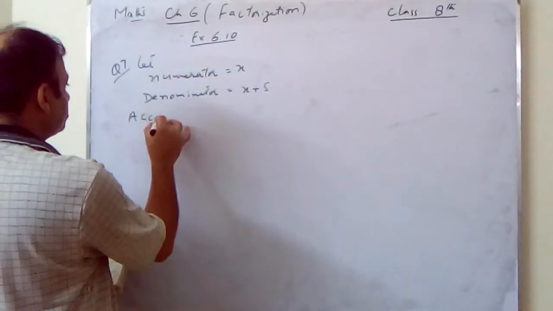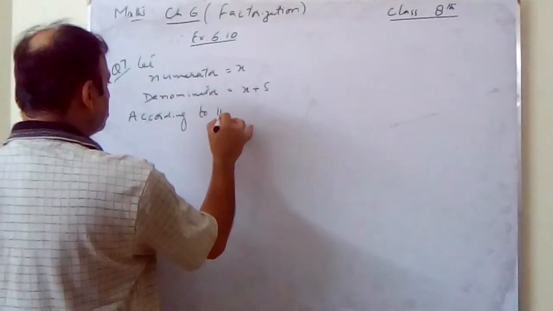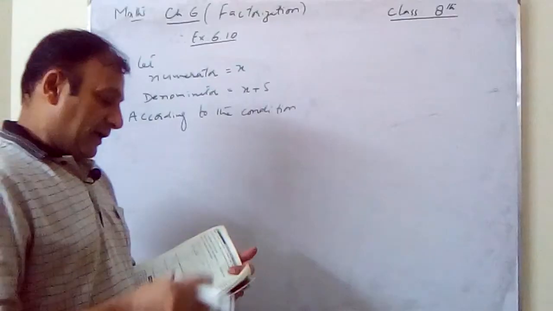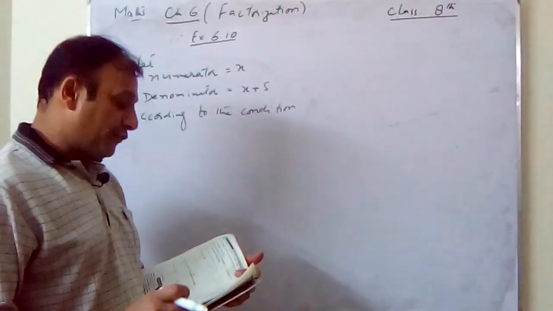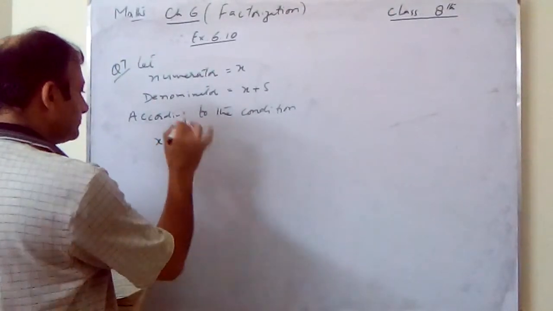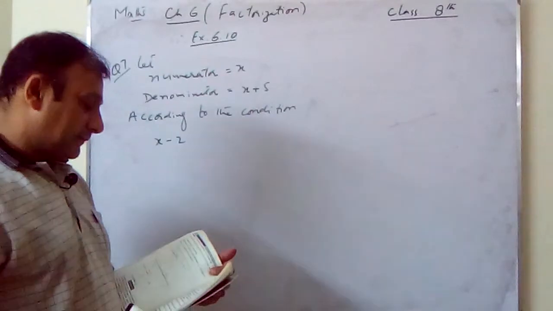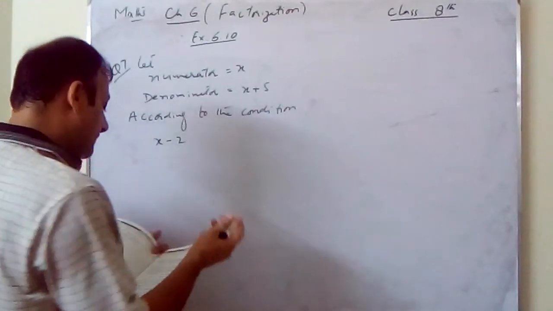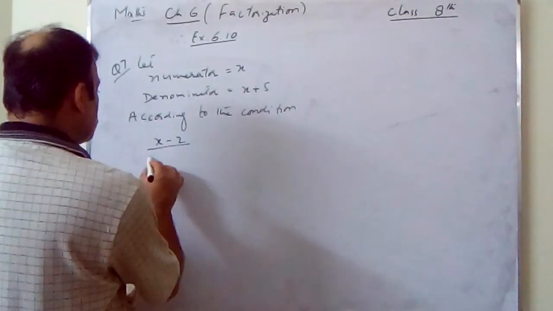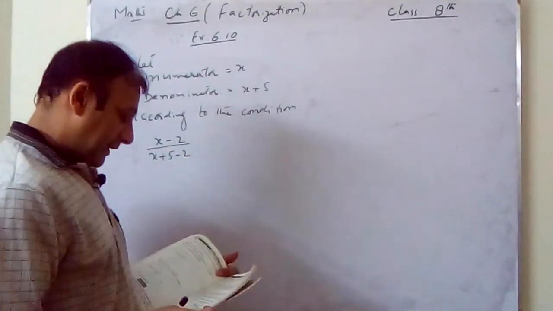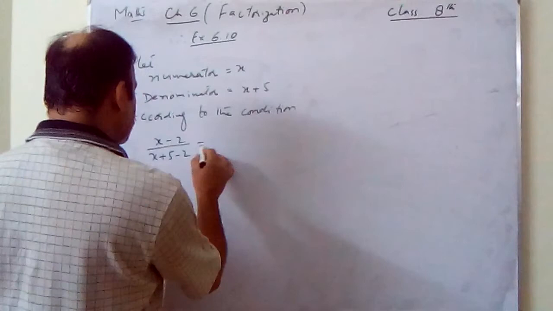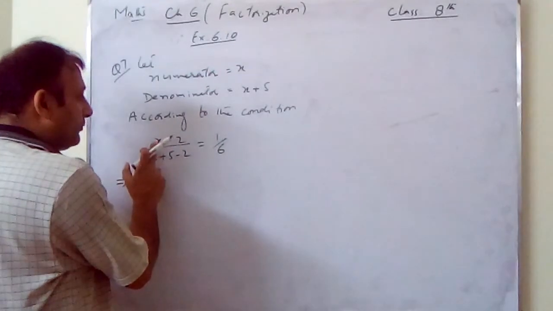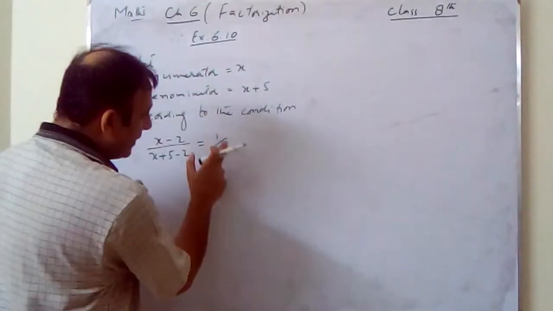According to the condition, he is saying that if we subtract 2 from the numerator and the denominator of the fraction, 2 subtracted from both, so x minus 2 over x plus 5 minus 2, the result is 1 by 6.